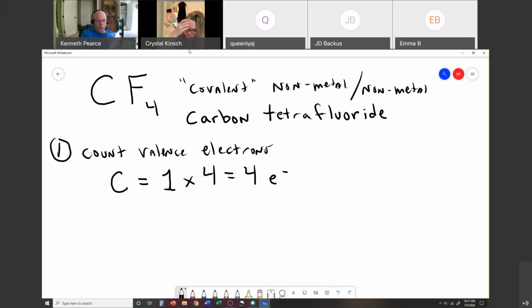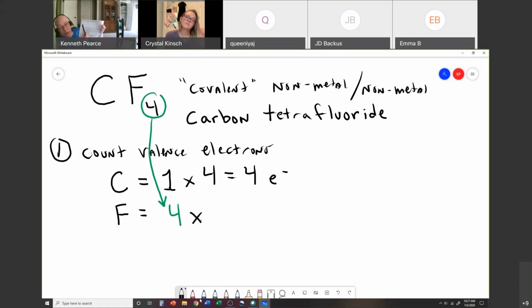And then we look at fluorine, and we say there are 4 fluorines. So we say 4 fluorines times, and we look on our periodic table, and we look across, and we go 1, 2, 3, 4, 5, 6, 7.